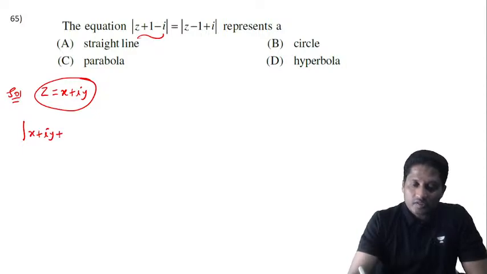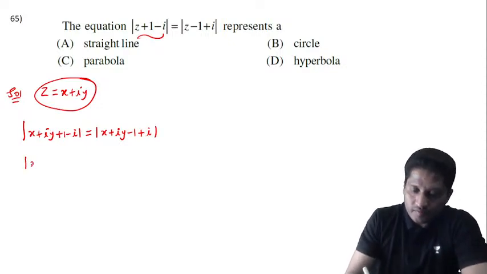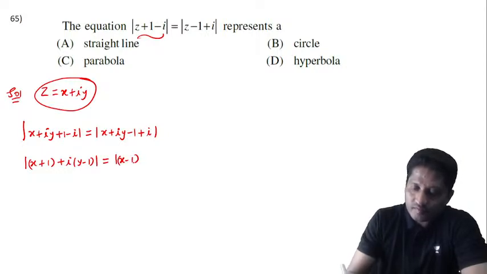x plus iy plus 1 minus i, the modulus of this, is equal to the modulus of x plus iy minus 1 plus i. Modulus of x plus 1, if I take i common, plus i times y minus 1, is equal to modulus of x minus 1 plus, if I take i common, i times y plus 1.